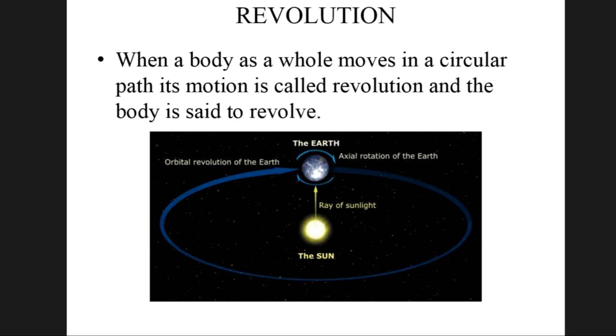So the sun is in the center and the earth is revolving around it. It is the type of circular motion which the earth is covering. The earth covers two types of circular motion: one is revolution and the other is rotation.